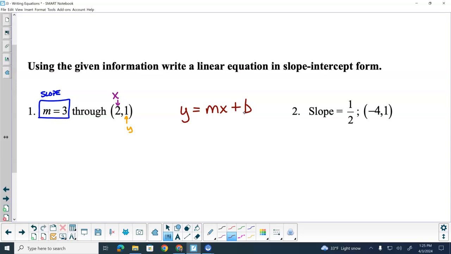What's the only thing that I'm missing? I'm missing the b. So let's use y equals mx plus b, and the fact that all of this happens on our line, so we can say 1 equals 3 times 2 plus b.